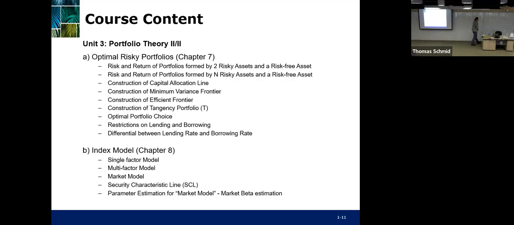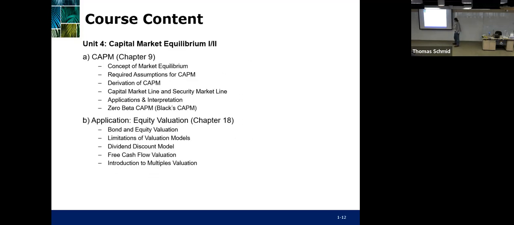So this is one of the most important results underlying a lot of the modern finance models, which is called the Tobin separation, and that will be pretty much the core here. Then we will talk about index models, but I skipped that for now. Then we talk about the capital asset pricing model, what the foundation is, how we derive it. The thing is, if you understand portfolio theory well, then the capital asset pricing model is something that is very easy to understand as well.